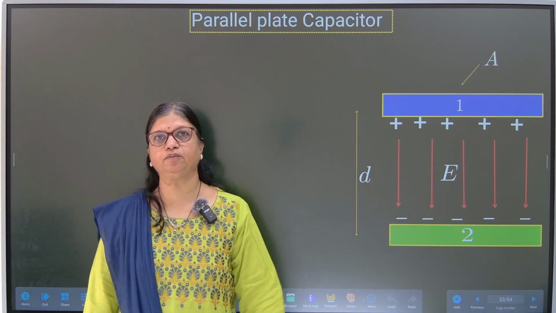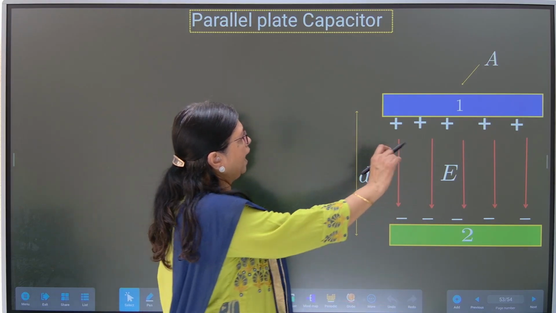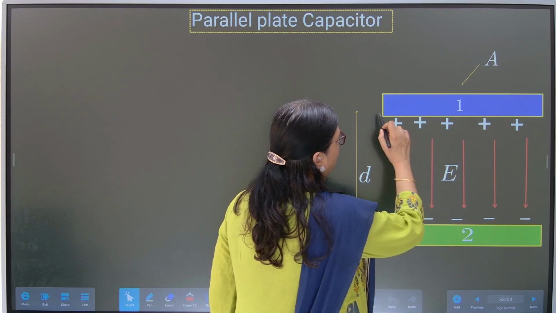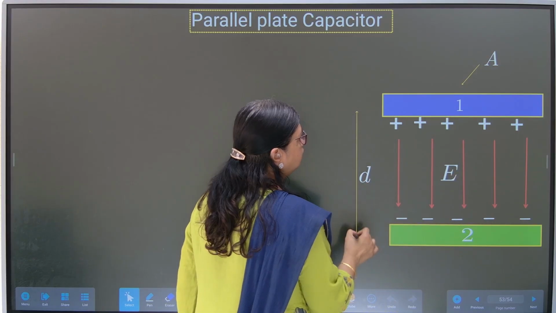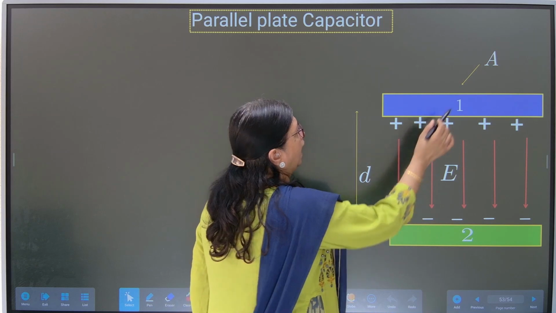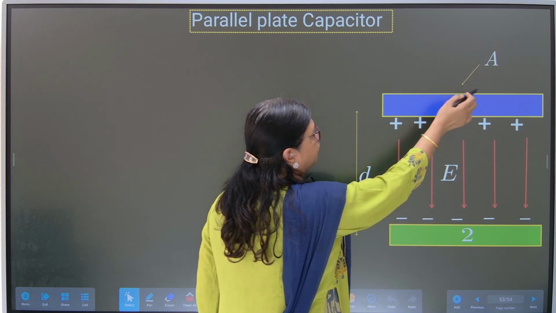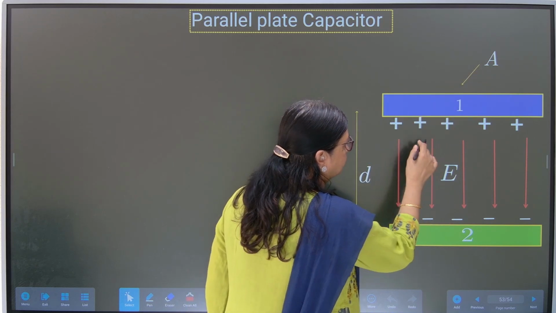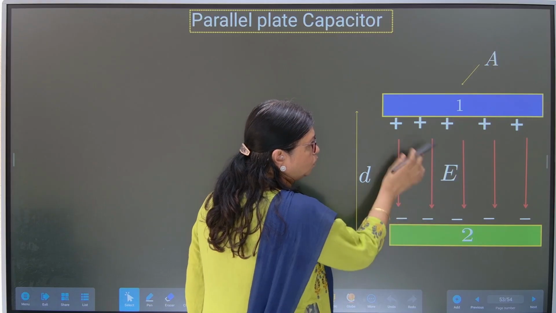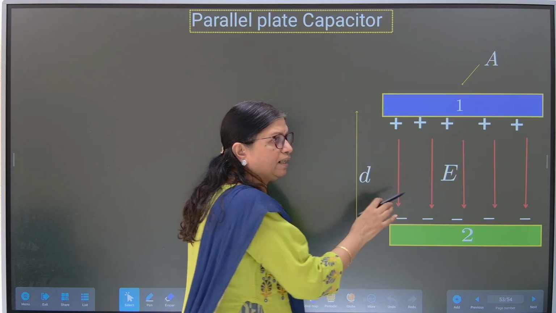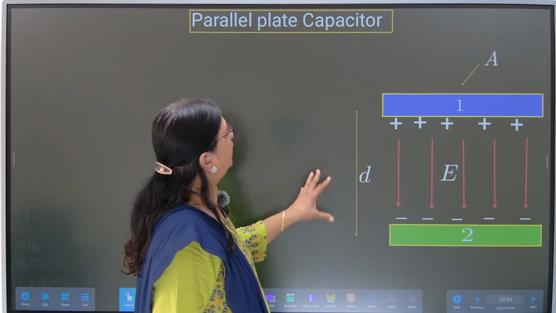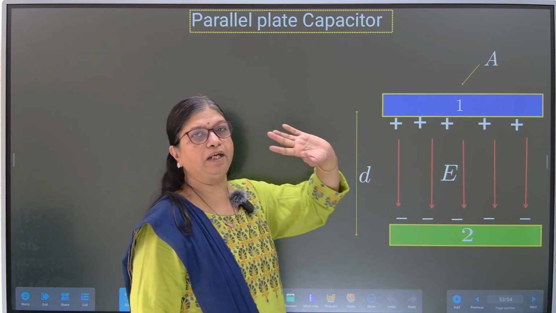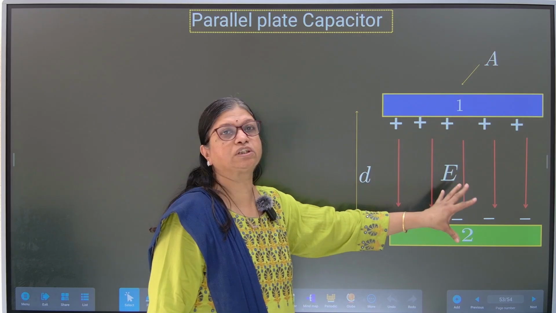Here we have an arrangement of two parallel plates, 1 and 2, with a distance d between them, and the area of each plate is A, where the electric field between the two conductors is E. That is what a parallel plate capacitor looks like.